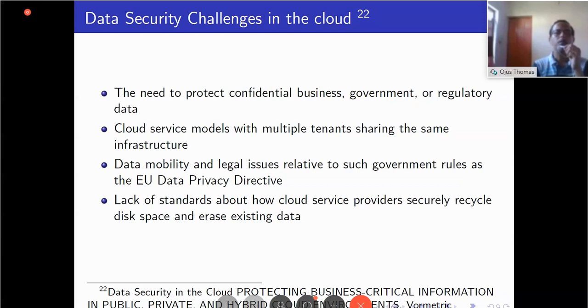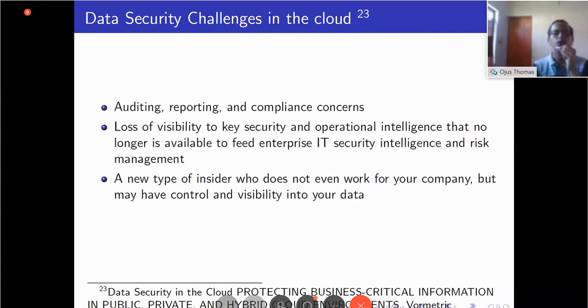Then a major problem is a new type of insider who does not even work for your company but may have control and visibility to your data. So you store data, and one fine day you find that it is available to someone else without your knowledge, without breaking your service, through your access control itself. That is a case where you have a new type of insider.